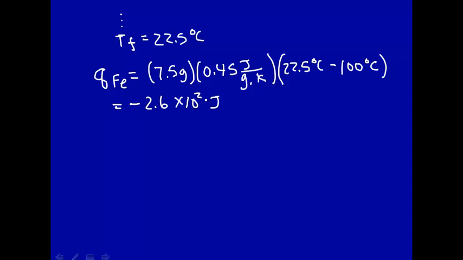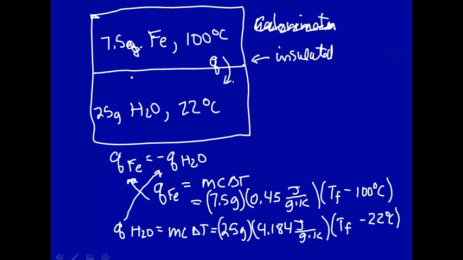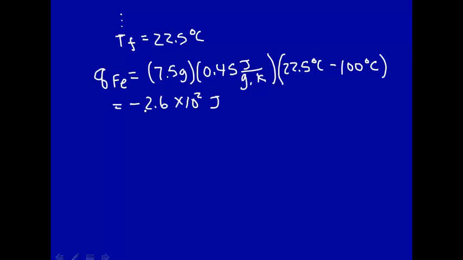We expected a negative heat for iron because of our sign convention: Q is negative because iron is losing heat. Similarly, Q for water will be positive, exactly the negative of Q for iron. So Q for water will be plus 2.6 times 10 squared joule, because Q is the only form of energy transferred, and it's an insulated container, so the Q lost by the iron has to equal Q gained by the water.